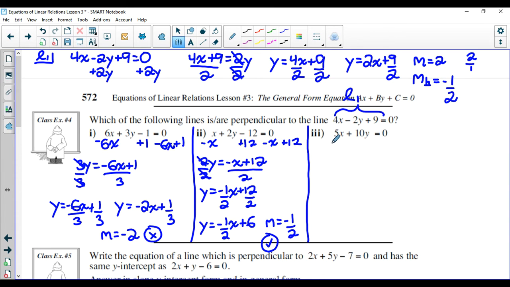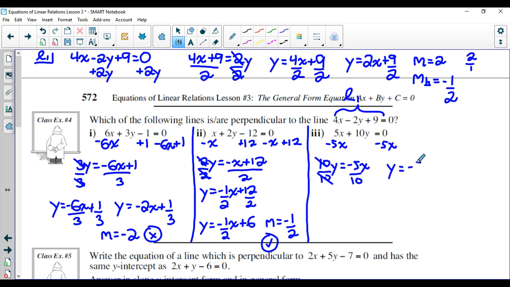Okay, this next one, again, same thing. We want to get y by itself. So I'm going to subtract 5x, and then this is going to turn into 10y would be equal to negative 5x. Get y by itself, dividing both sides of the equation by 10.